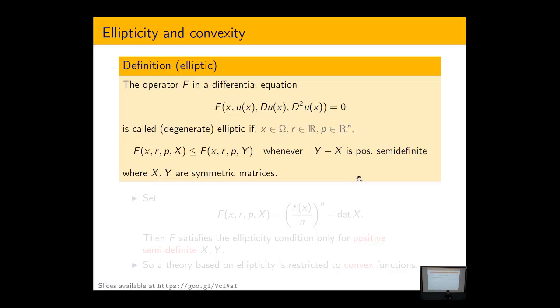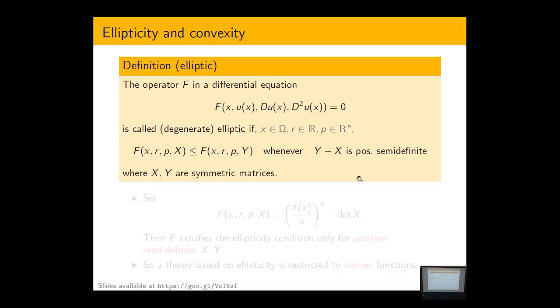The main feature, so you always ask, what is sort of the engine of your problem? What is driving your analysis? And it is the ellipticity. The notion of ellipticity we are using here is based on a monotonicity concept. It's not based on a topological concept, like you see very often with semi-linear equations, but it's using monotonicity.